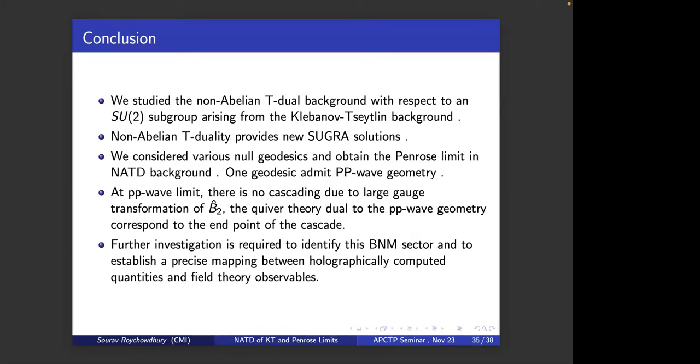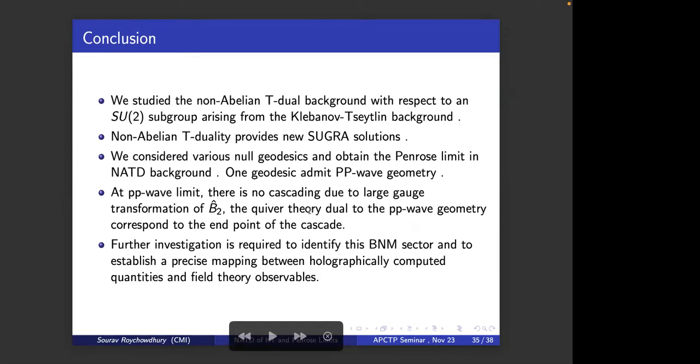However, there are many things missing. We couldn't identify the proper BMN sector, because the dual QFT itself is not available. As I told at the very beginning, there is a one-to-one correspondence between the closed string modes and a set of operators, which are the BMN operators.